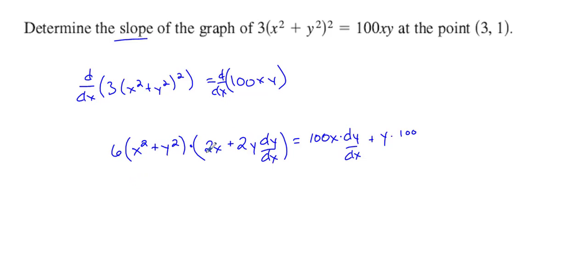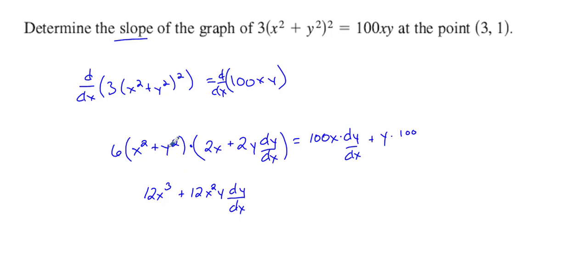So 6x squared times 2x, 12x cubed. 6x squared times 2y dy dx, 12x squared y dy dx. That's gross.